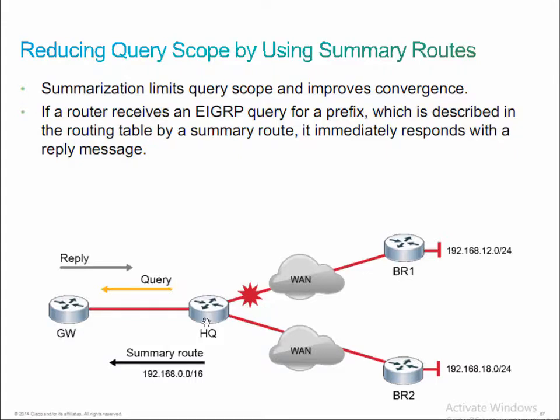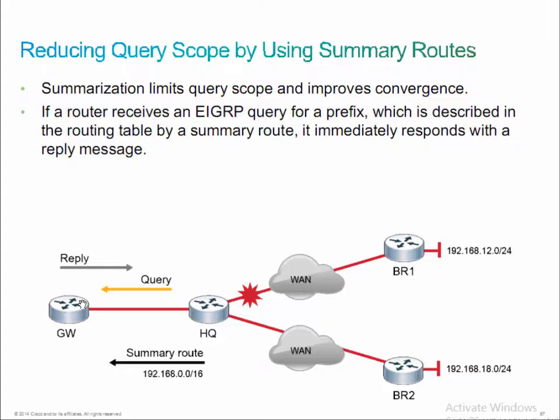Now, I still have to send a query out. So if the 12 subnet, for example, goes away, I'm still going to send a query to the gateway router, and the gateway router is going to respond that it doesn't have an alternate path to the 12 subnet, but the gateway router is never going to query HQ for a bunch of 192.168 networks that might go away.